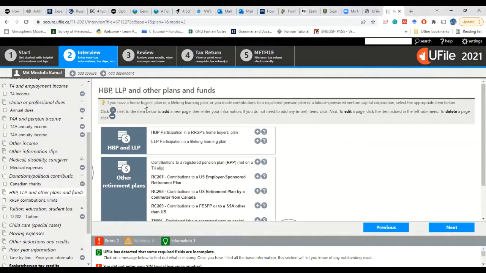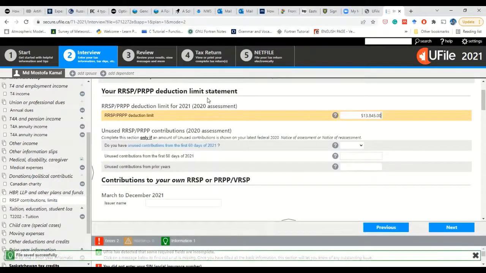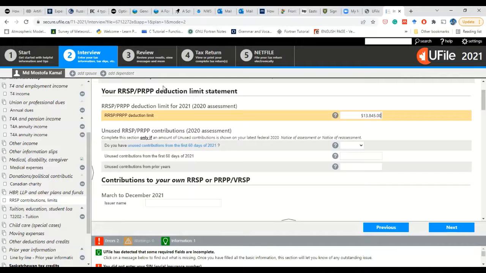And then other items, if you have any Home Buyers' Plan or Lifelong Learning Plan. This is very simple; I don't have anything for this one. Or venture capital contribution; select the appropriate form. You can select any one of the forms if it is applicable to you. And here is your RRSP or PRPP deduction limit statement.